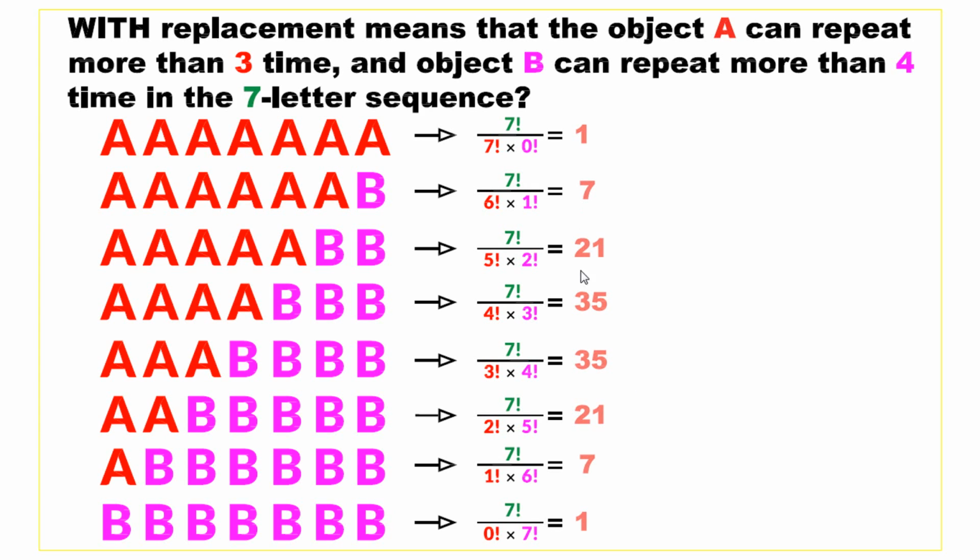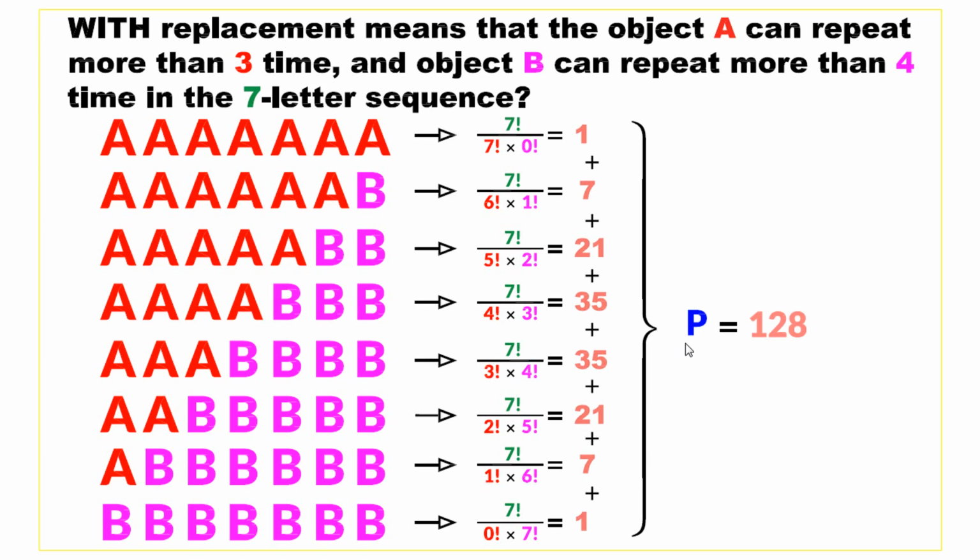Now we can add them together and get the total permutation, which is 128, and that is equal to 2 to the power of 7. So what is 7 here? It is the total size of the generated sequence, so 2 to the power of n. So here we have m is equal to n and equal to 7.